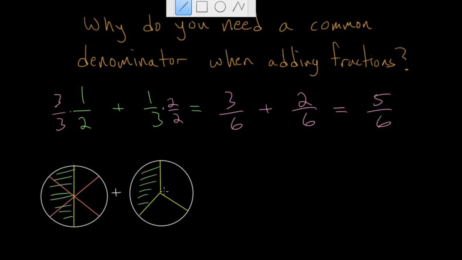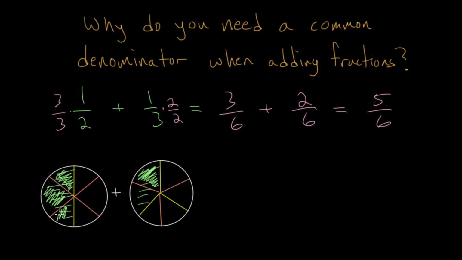And for this circle here, we essentially need to take each of our pieces and then just split it into half. And now we can count up how many total pieces we have, because notice that each of these pieces now is the same size, or at least it's supposed to be the same size. These drawings are not completely perfect, but we can count.